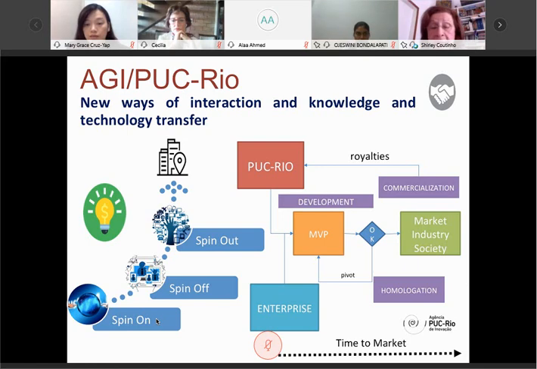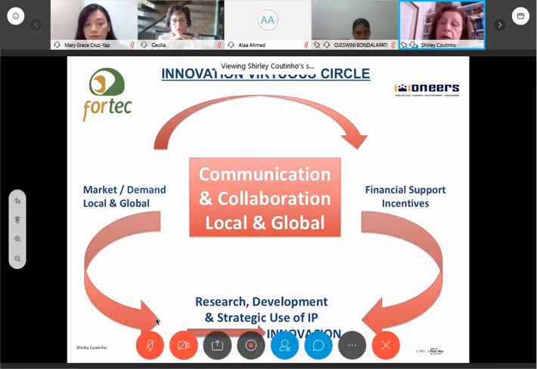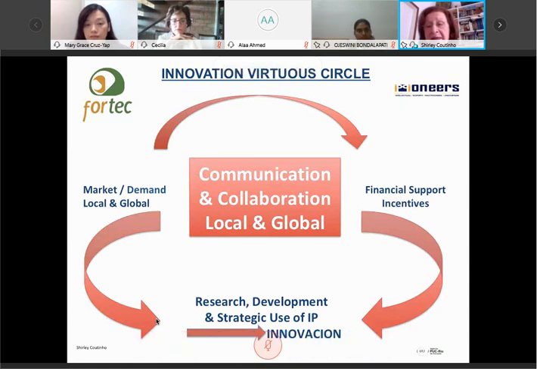And as you know, we need a lot of communication and collaboration, local and global. But without a good research result, we do not make innovation happen.